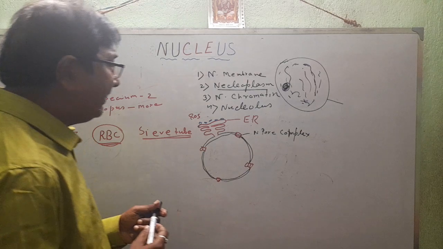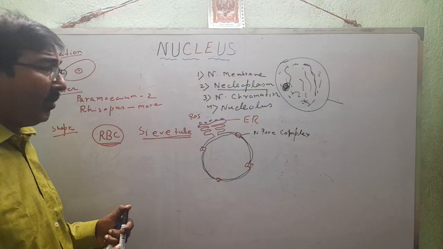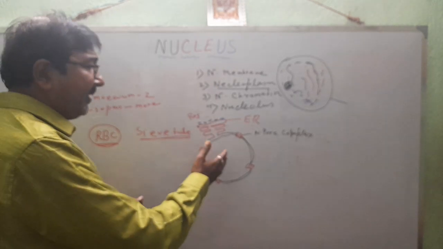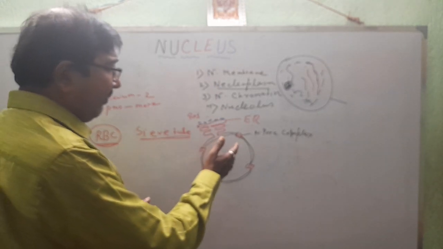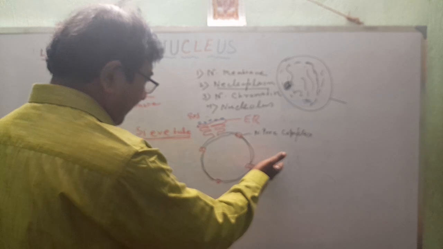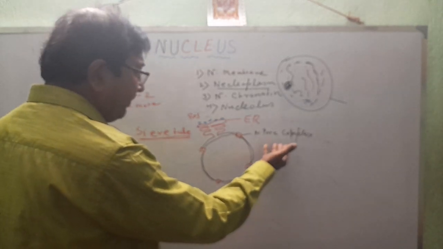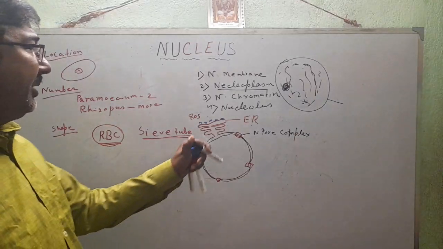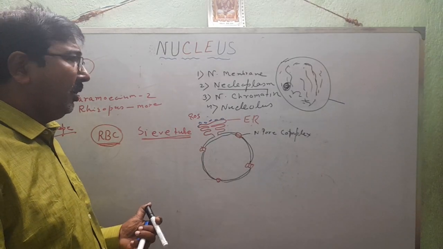What is the function of this nucleopore complex? It helps to transfer RNA and protein from the nucleus to the cytoplasm, and from the cytoplasm to the nucleus, in both directions. This is the main function of the nucleopore complex.